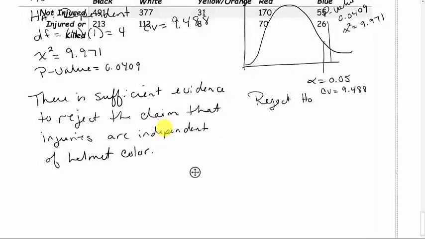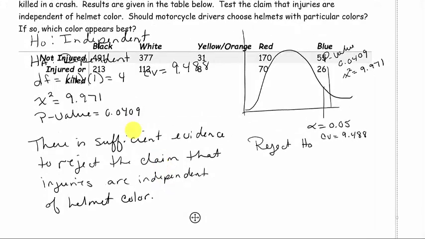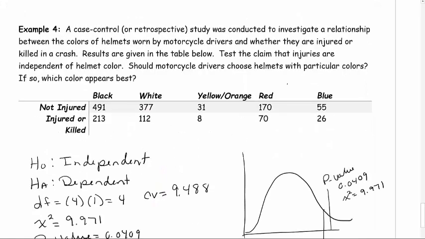If we go ahead and look up at our table, then it's a little bit less clear as to which of these is more successful than the other one. But we could figure out a percentage, and so you would take 491 divided by the total number of people with a black helmet.